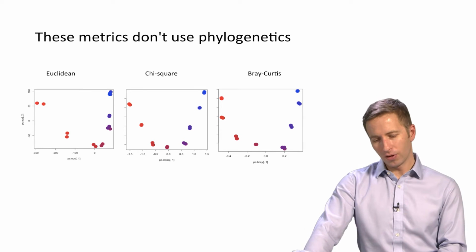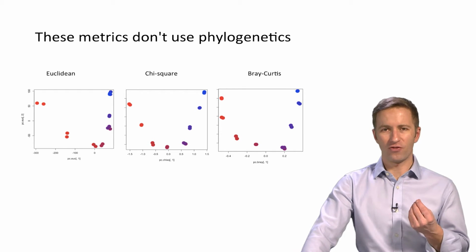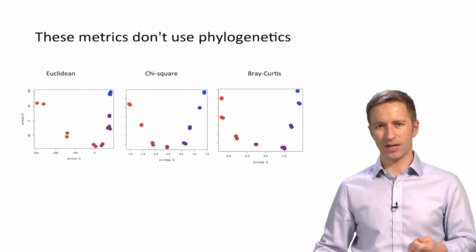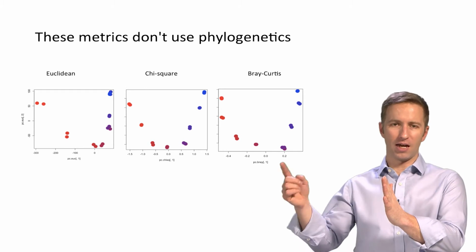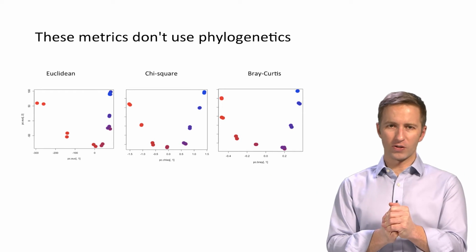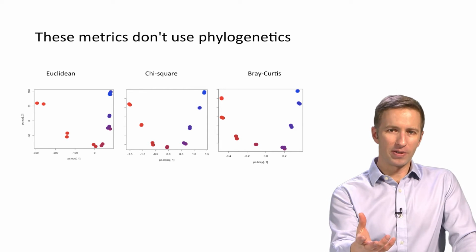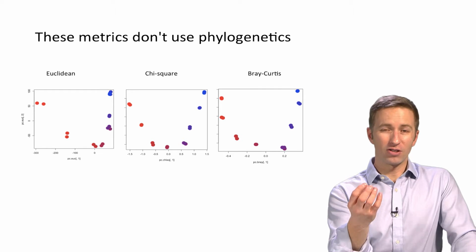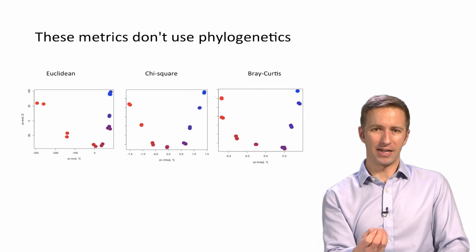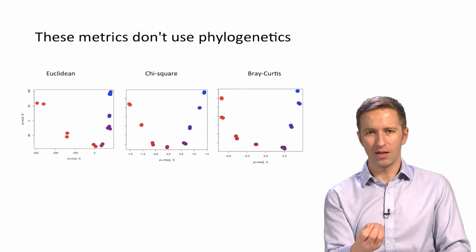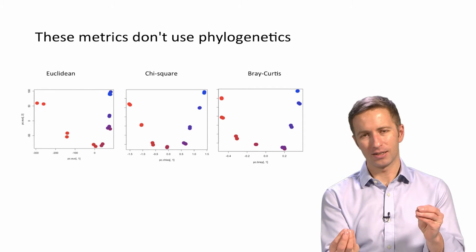So these metrics work pretty well in most cases, but one thing that they're not taking into account is phylogenetics. So they don't take into account how closely related each of the species is to every other species. So for example, if I have a bunch of species in my gut and you have a bunch of species in your gut that are totally different species, but they're very closely related to mine in terms of evolution, then we don't want to say that our microbiomes are completely distinct.